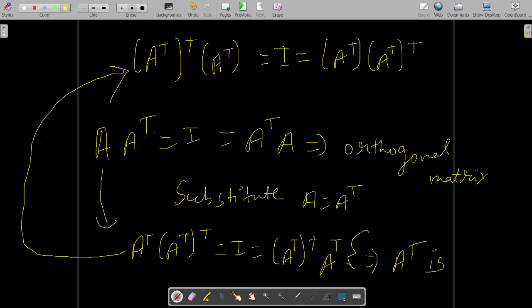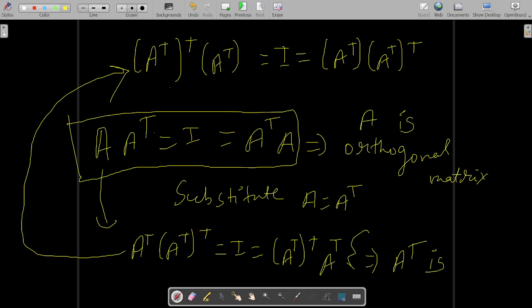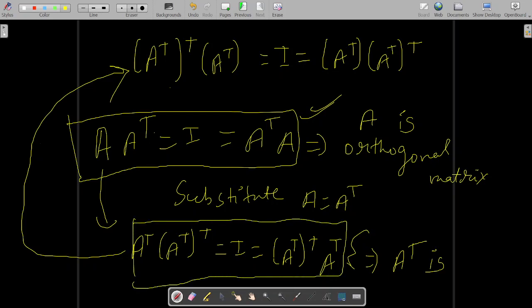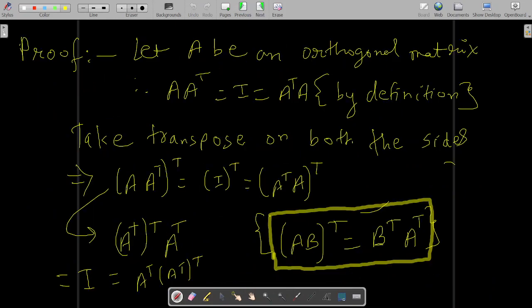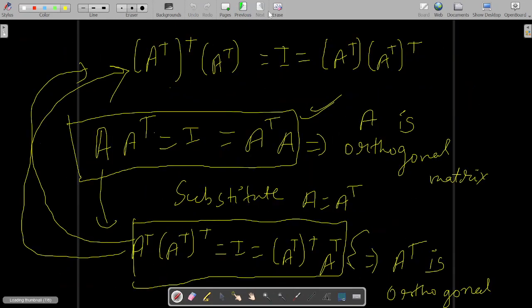If this statement implies that A is an orthogonal matrix, then this statement will imply that A transpose is an orthogonal matrix, because you have just substituted A with A transpose. This is what is meant by this. So these and these are identical. After proving all this, you came up to here.